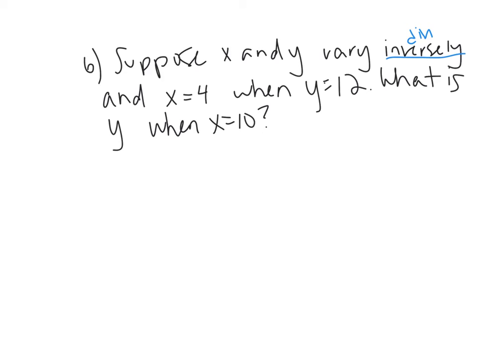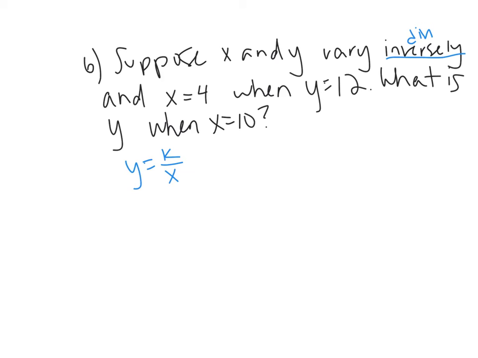Sorry, my pen is not the best here. So divide. Okay, so suppose x and y vary inversely, so we know for sure that y equals some k value over x. And we also know that when x equals 4, y equals 12.